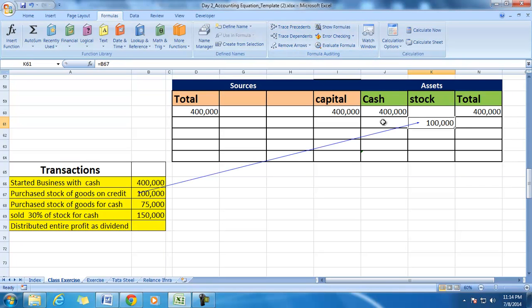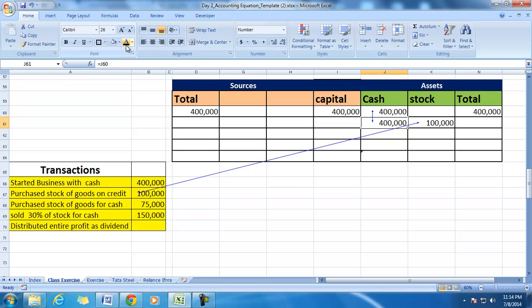It has been received on credit, so no change in the cash, and no change in the capital.